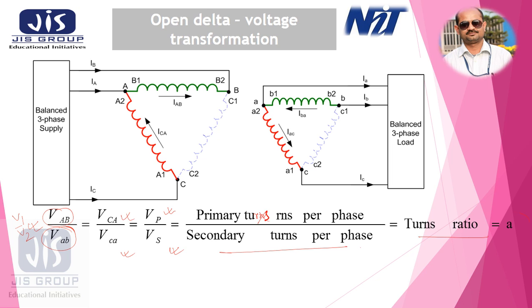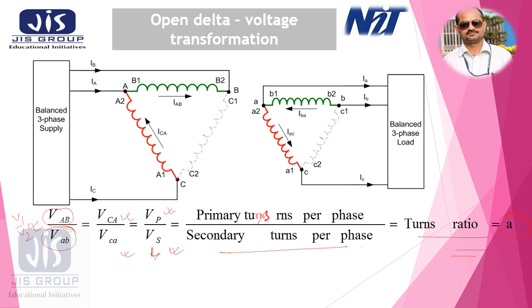So turns ratio a, we know from our basic concept. This Vs is the magnitude of the secondary line voltage. Okay. Now remember that the primary and secondary coils of the same phase are put on the same limb and are linked by the same mutual flux.